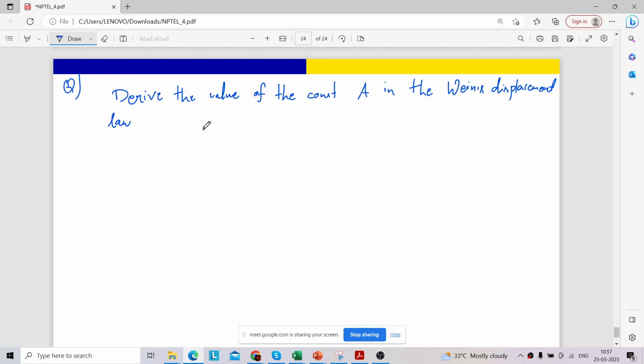What is this law? Lambda max times temperature is a constant A. So you have to find the value of A.